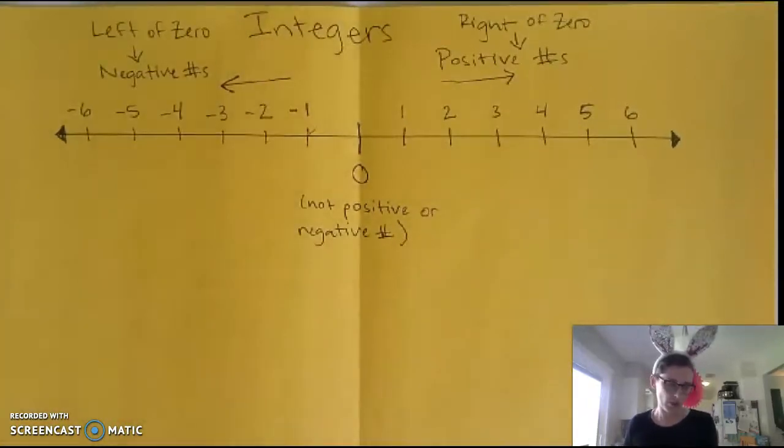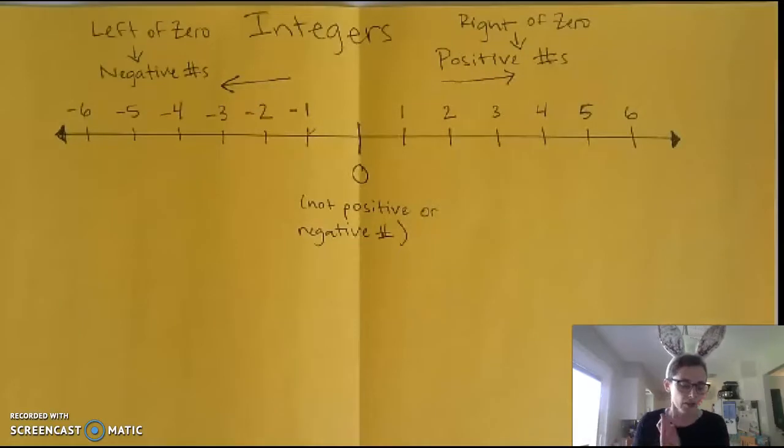There are a lot of words that mean positive and negative numbers. Most of them relate to money and temperature, and those tend to be the main two that you will hear.